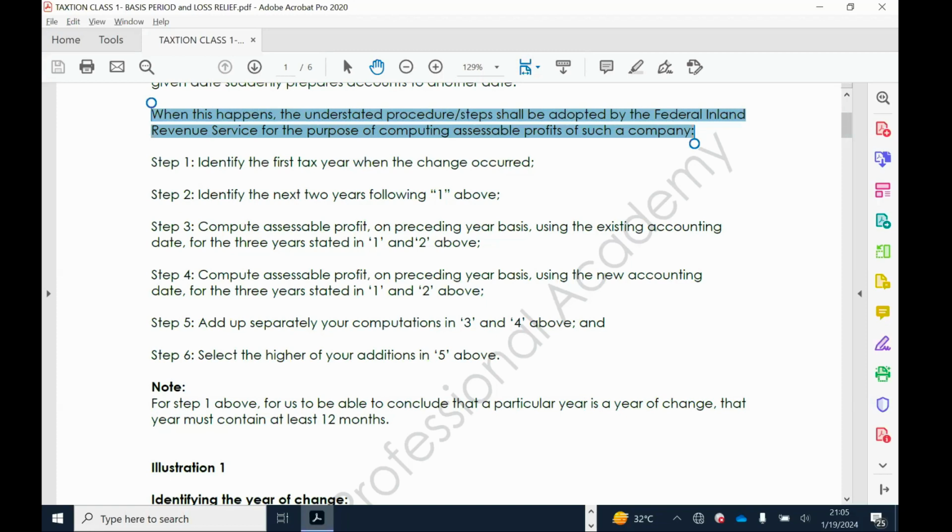The third one is to compute the assessable profit on preceding year basis using the old or the existing accounting dates.